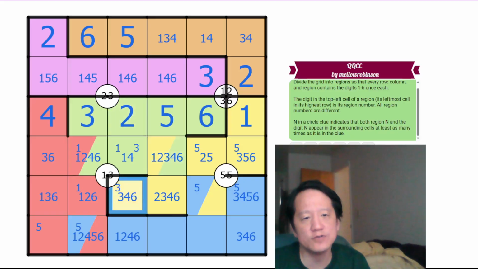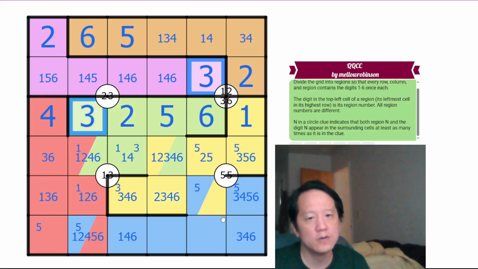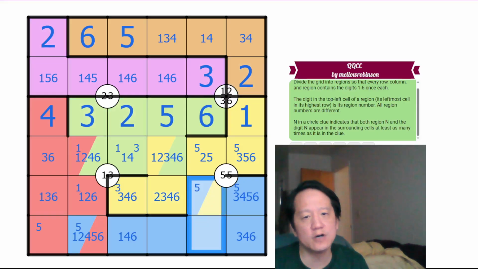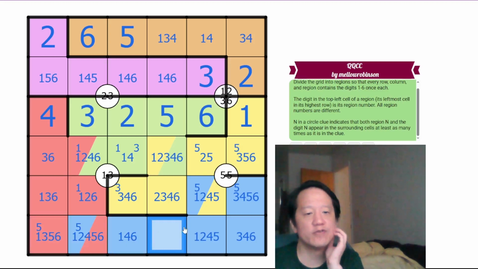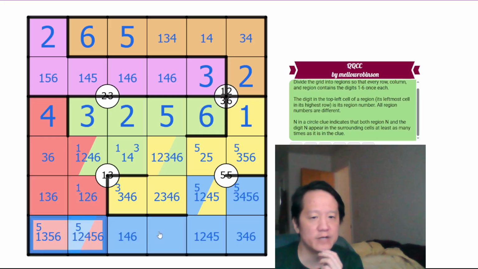2 eliminates 2 from being here, and 2 from being here. Remaining digits of column 5 are 1, 2, 4, 5. Remaining digits of column 1 are 1, 3, 5, 6. We have a guaranteed 5 in red, but that's not helpful.